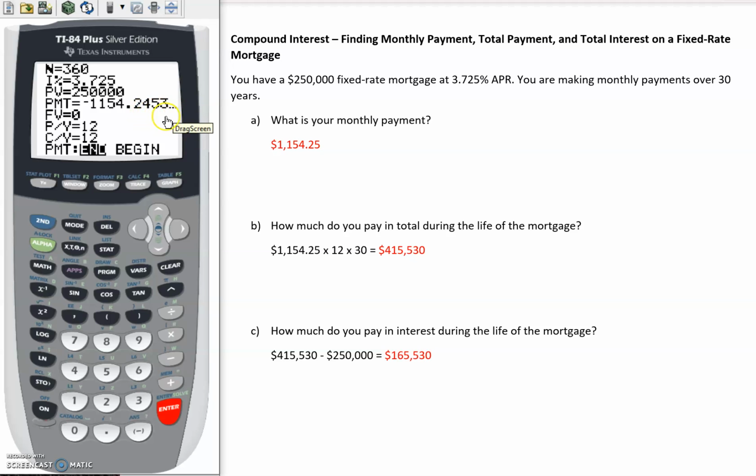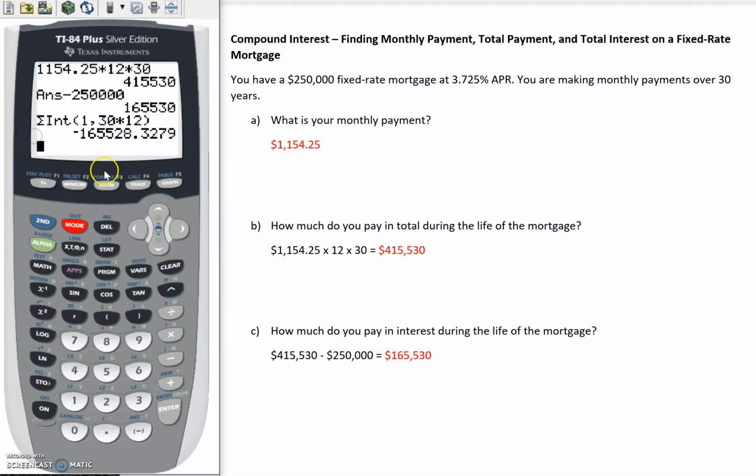But because we rounded, any future calculations we make are going to be off just a little bit. So that's where we get this slight difference between what the sum of the interest calculates, which does account for those little fractions of a cent, versus our rounded version. Both of those, notice, we're talking about huge sums of money, and these differ by less than $2. So really, it's not a huge difference, but it is worth noting.